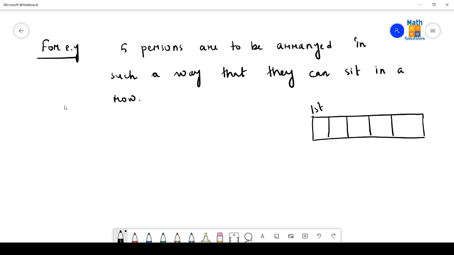As there are 5 persons, how many possible ways are there to fill the first place? We have 5 options in hand. Since this is permutation, we add one extra condition: repetition is not allowed.